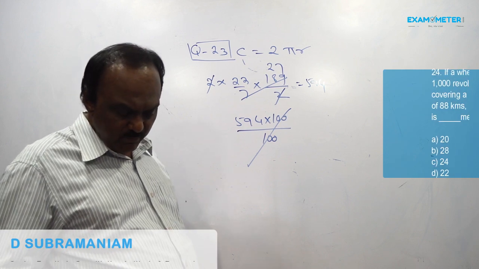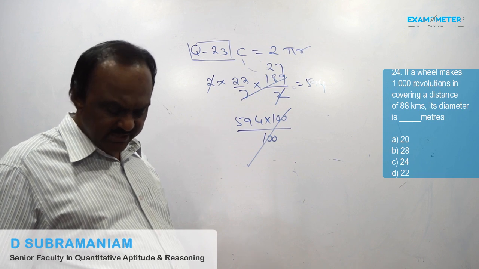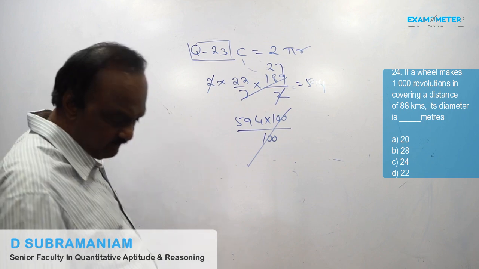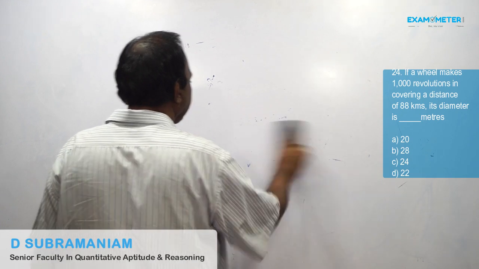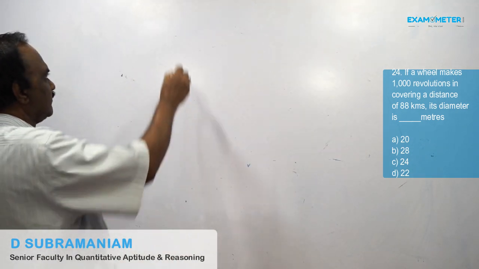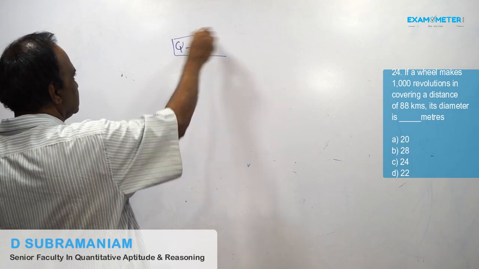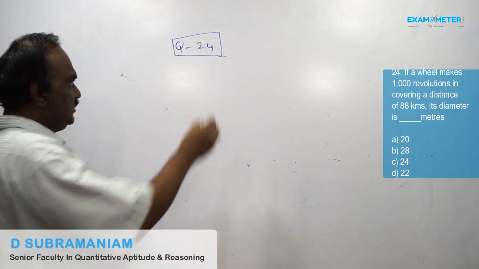If a wheel makes 1000 revolutions in covering a distance of 88 kilometers, its diameter is how many meters? Question number 24. Two pi r is equal to 88.